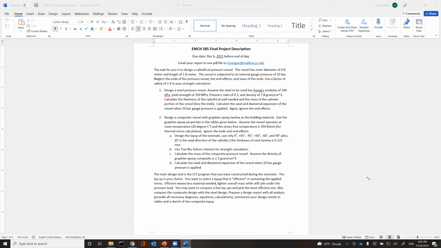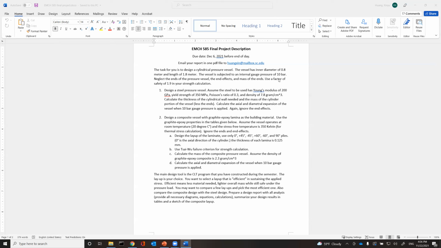Hoop stress is higher than axial. If you analyze the load, hoop stress is about twice the axial. Those should be applied to your CLT code and reflected in your calculation. You can calculate the load in pounds per inch based on the 10 bar gauge pressure using a simple pressure vessel equation.